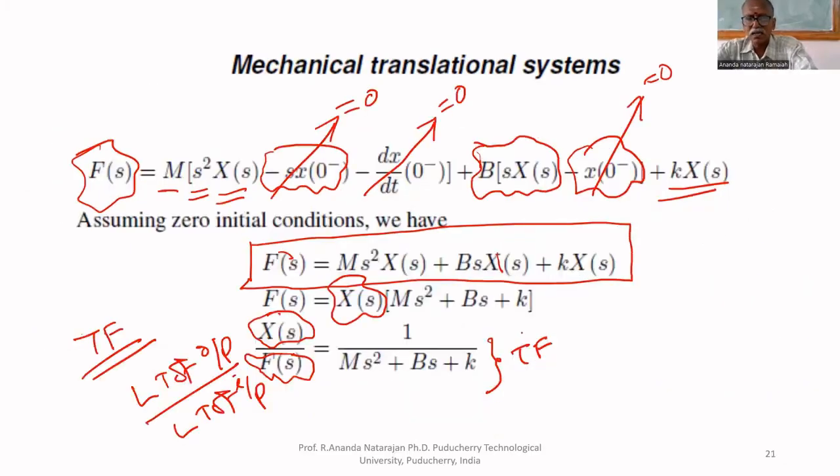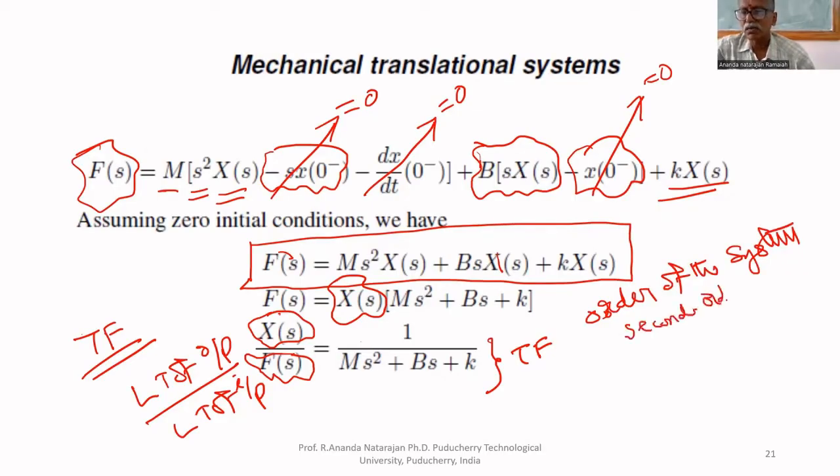Here, the order of the system is second order. How are we saying that it is second order? Because of the s square in the denominator, not in the numerator. S square in the denominator tells us it is second order.